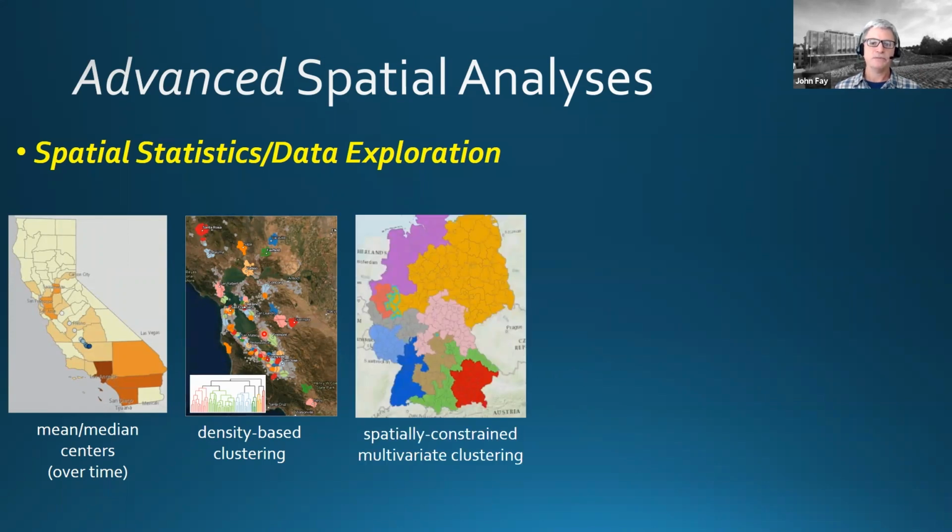And we can also do spatially modified statistical analyses. Maybe you've done some multivariate clustering on your own. What we can do here is constrain the location and make these spatial clusters, weighting location differently as we want to other attribute factors.